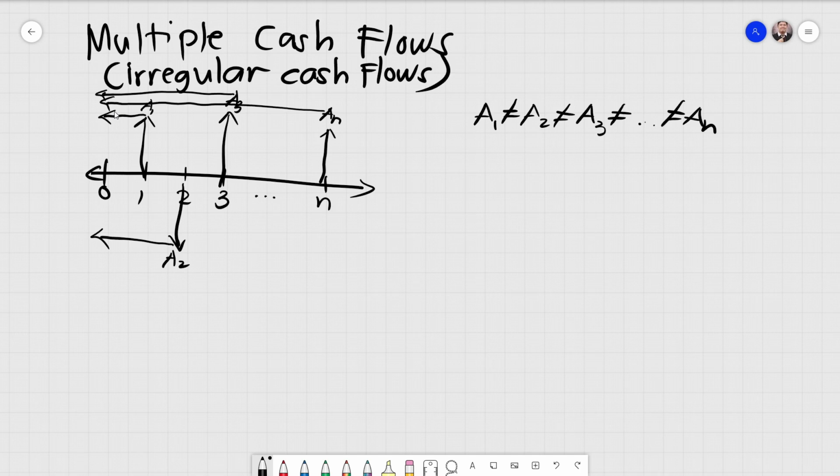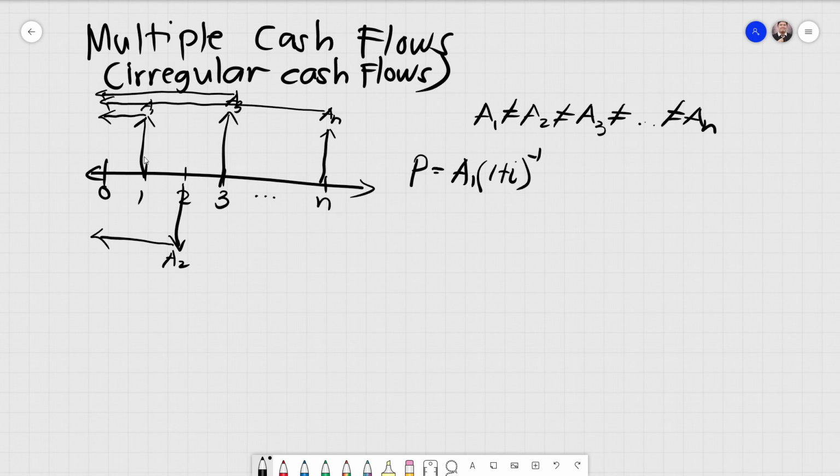Pero paano natin yan i-compute? So as mentioned last time, gamitin lang natin yung annotation natin. The present value is denoted by P. Our cash flows is given by this formula. So A sub 1 times 1 plus I raised to negative 1.